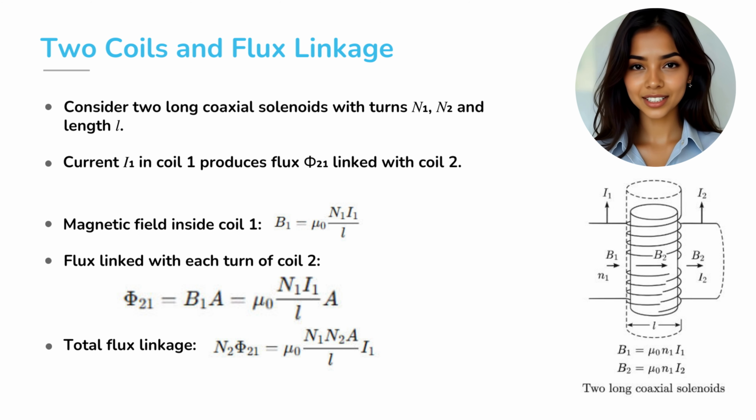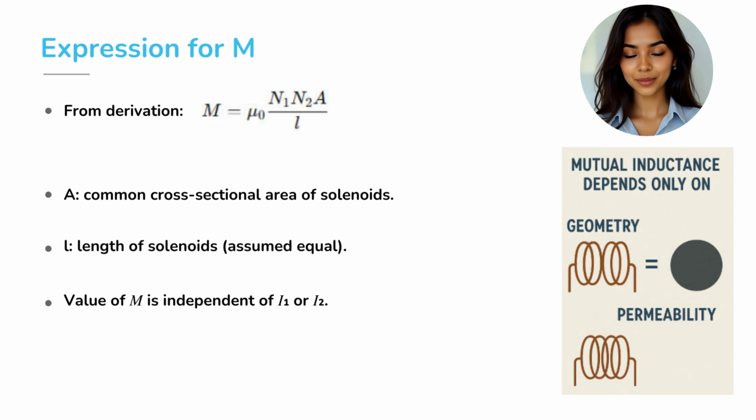As you can see in the diagram of the coaxial solenoids, the geometry ensures that flux linkage depends only on the coil dimensions, not on the actual current. From this derivation, we arrive at the neat and compact expression M equals mu naught times N1 N2 A divided by L. Here, A is the common cross-sectional area of the solenoids and L is their common length.